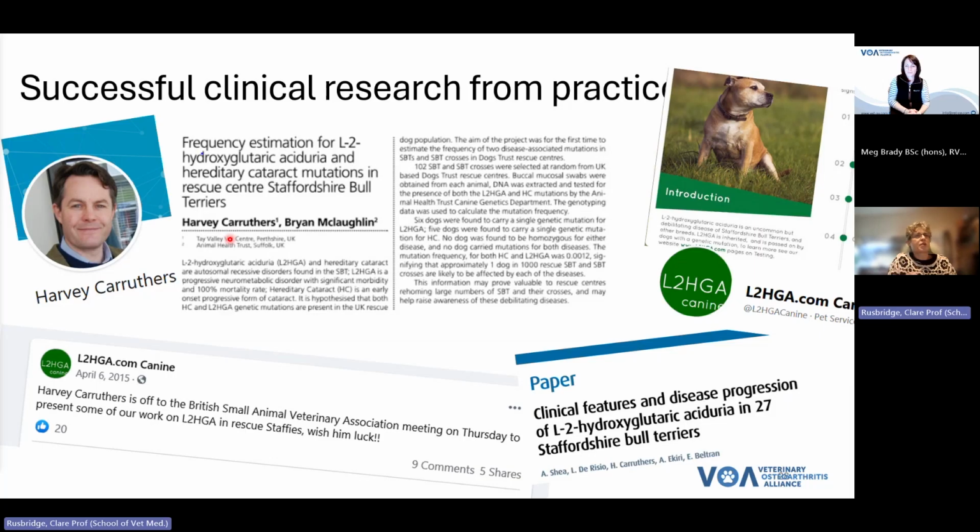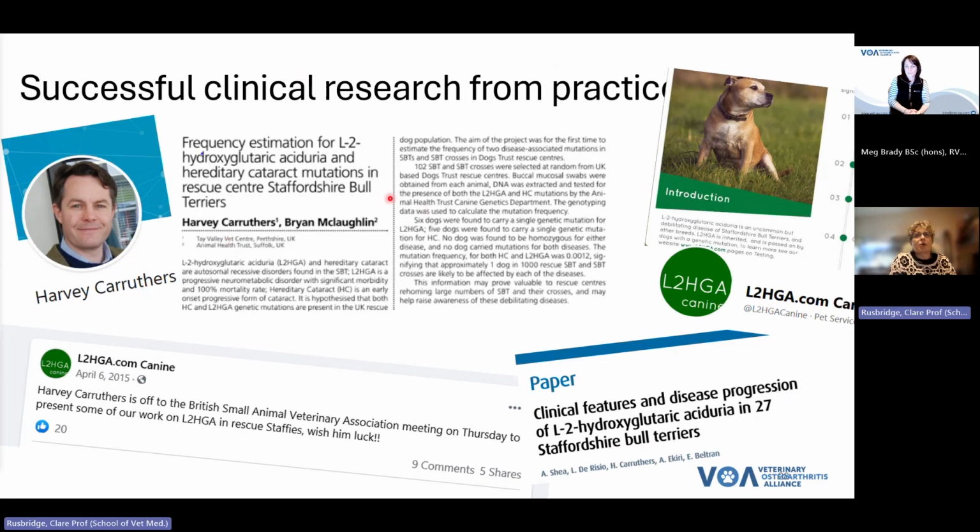Now, this was a disease that had been described in pedigree Staffordshire Bull Terriers. He was concerned that in the rescue population that he was working with in the Dogs Trust, some of these dogs actually had that, even though they weren't pedigree Staffordshire Bull Terriers. And so he decided to do a study.